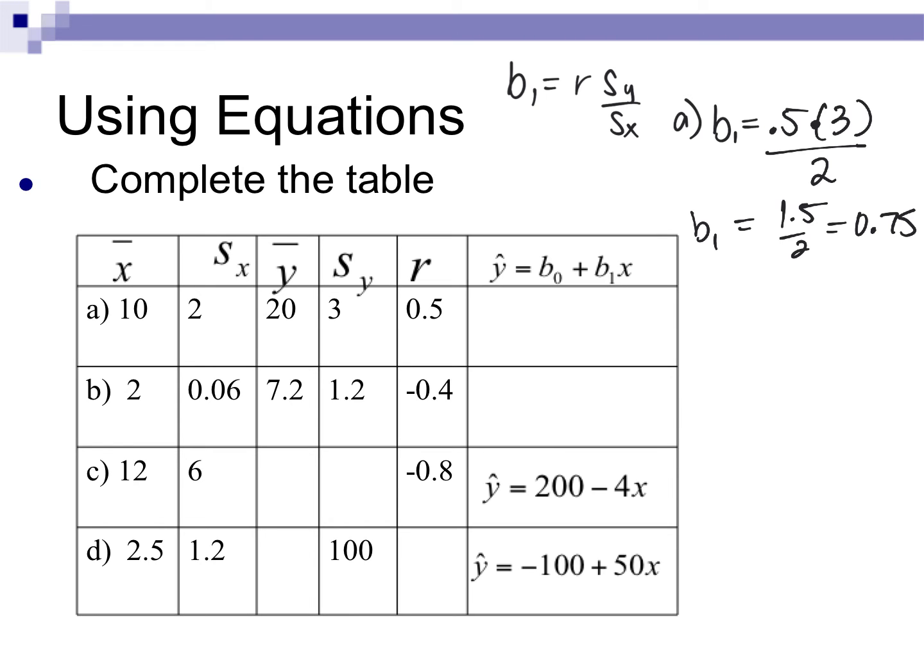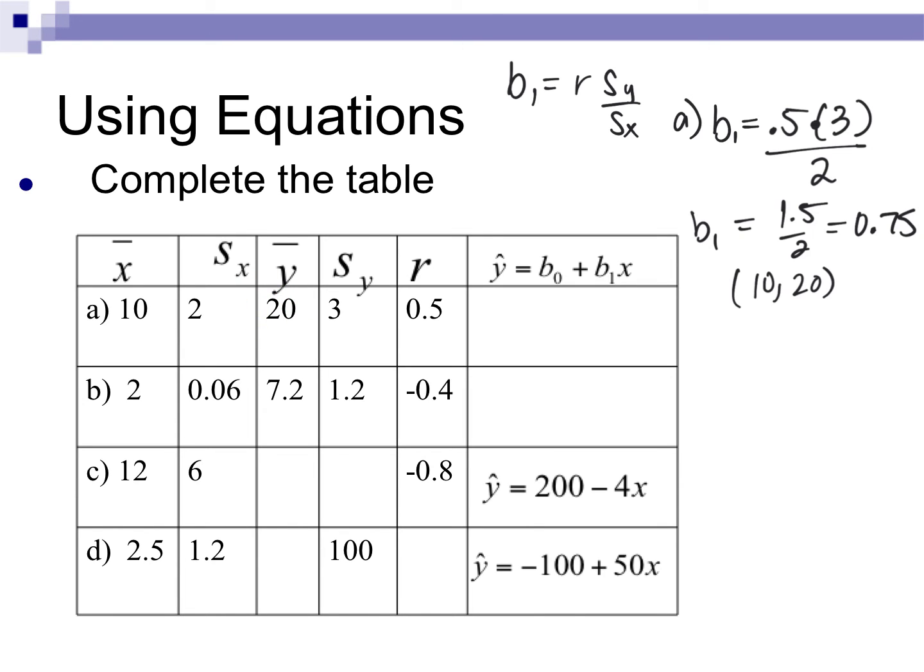Yeah? So if I know the slope and a point, 10, 20, where'd I get 10, 20? My only point that I know for sure is on the line is the mean of x, the mean of y. So that's 10, 20.